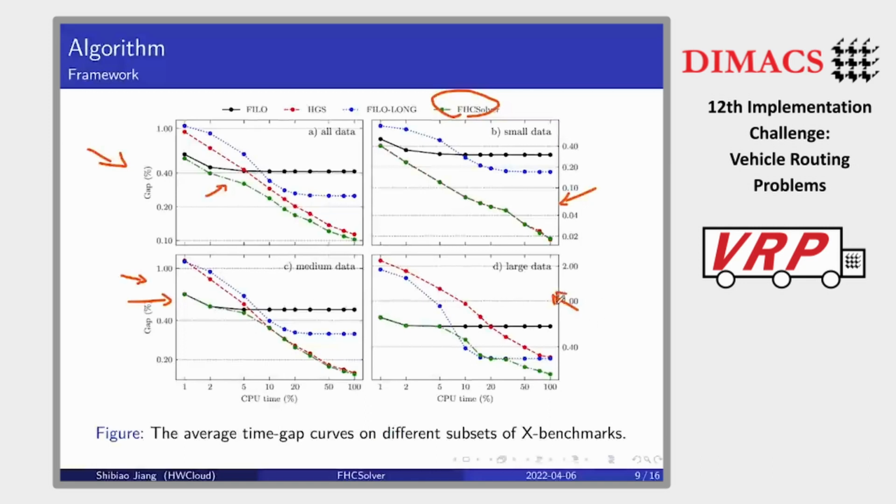And for the large data, you'll find that the red curve, the HGS, is not suitable. So we first are similar to Philo, and these curves overlap. And then Philo is no longer suitable, and we do an iterative Philo. So our result is similar to Philo long.